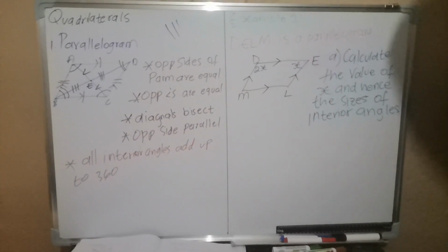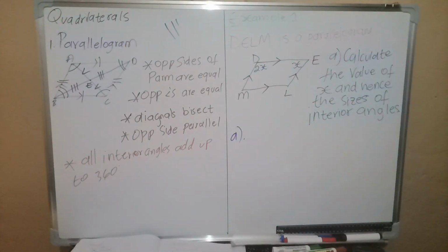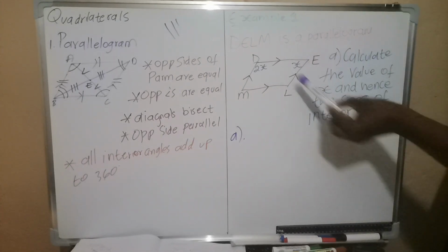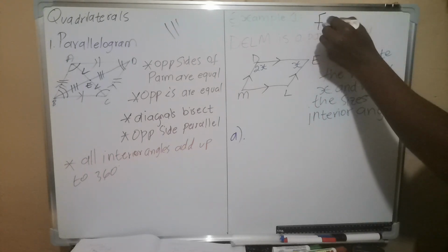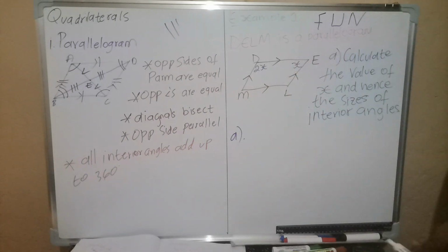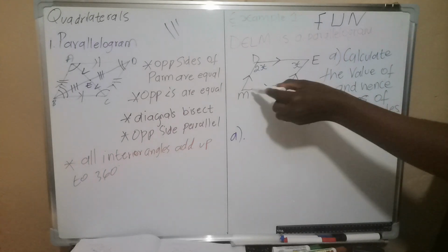Now guys, let me just solve this problem. Number A: how are we going to find x? Can you see that we have parallel lines in here? If you can apply what you know about parallel lines, you can see a U here.